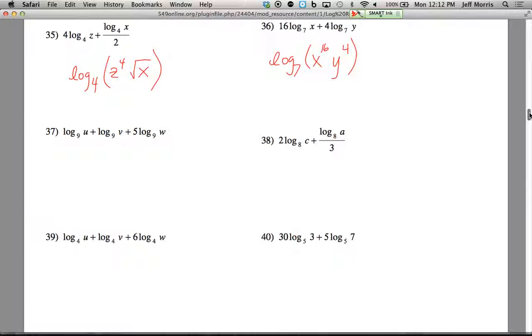37, Alyssa. Log base 9. Good job. That's it. 38, we'll go with Curtis. Log base 8.